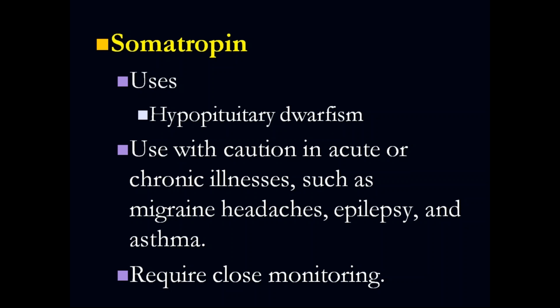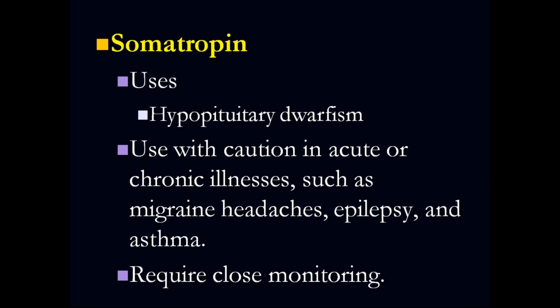You need to be very careful in acute and chronic diseases like migraine, epilepsy, and asthma. Why? Because somatropin is going to increase the effect of the migraine. If a patient has migraines and receives somatropin, the migraines are going to be really, really bad.